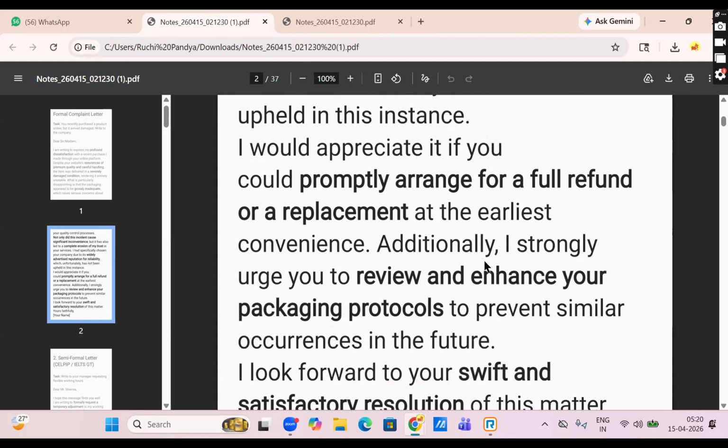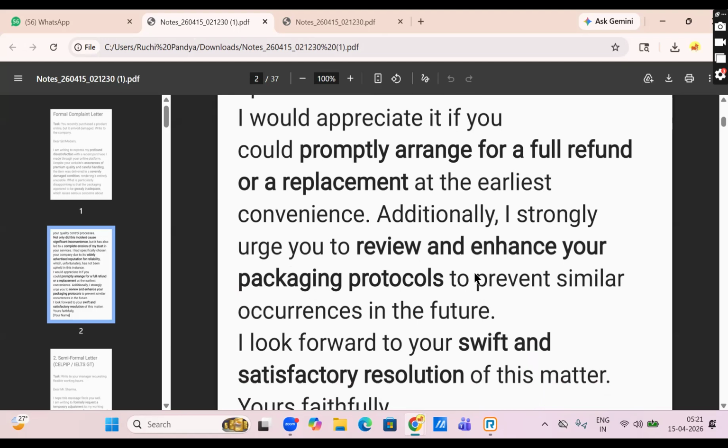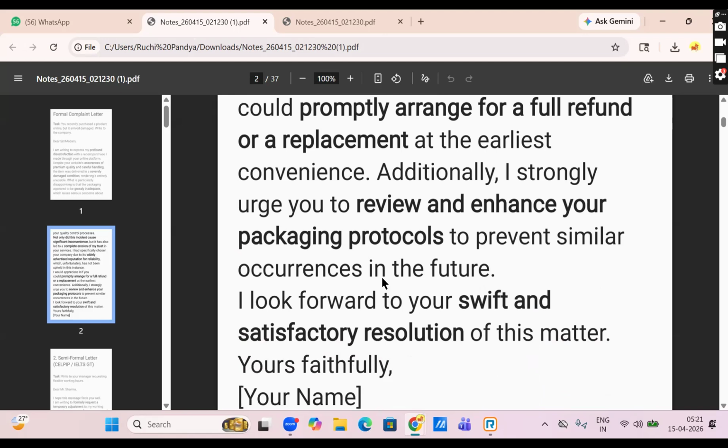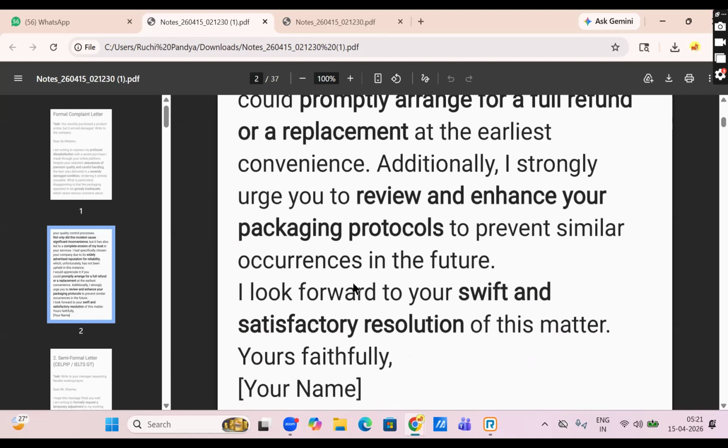Additionally, I strongly urge you, I strongly request you. Request से भी stronger word होता है urge करना. Request might be gentler, urge is like forcefully requesting, ठीक है? So additionally, I strongly urge you to review and enhance your packaging protocols to prevent similar occurrences in the future.